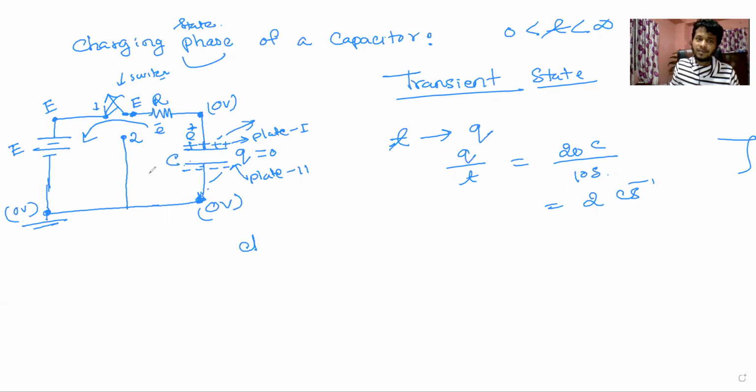Maybe at the beginning the rate of charge transfer will be very high, that means the rate of increase of charge on the capacitor will be very high. But after a few seconds, this rate will get lower.